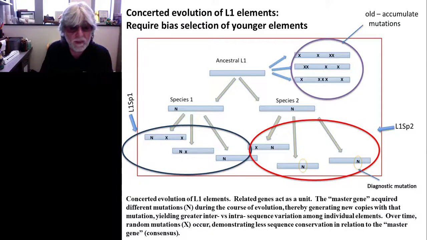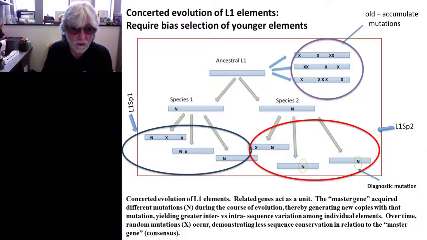You might have a variant within that master gene, and all the copies then, so species 2 has a diagnostic nucleotide N, and all the copies will have the N in them. The same for species 1, you can see a different N, which I put at a different position.